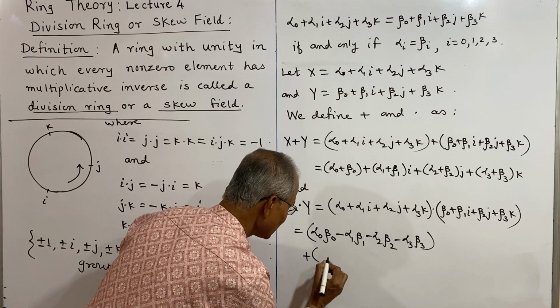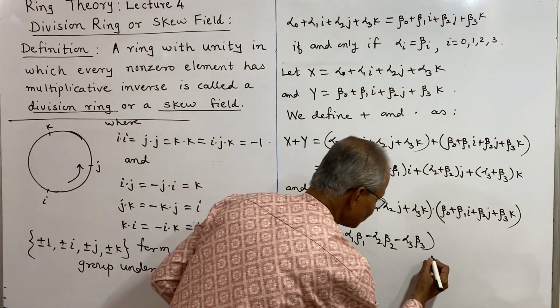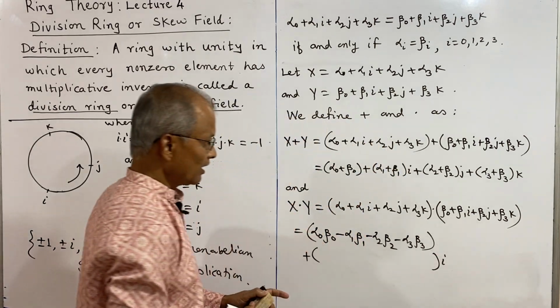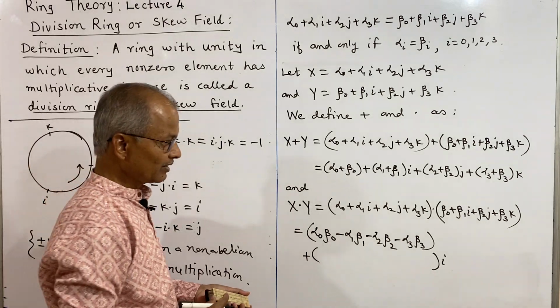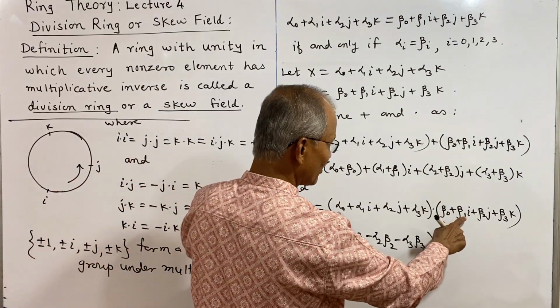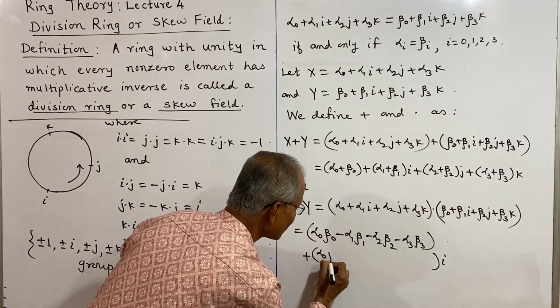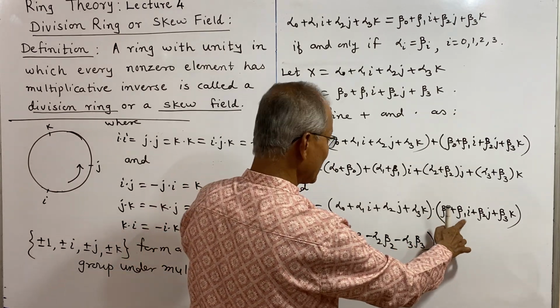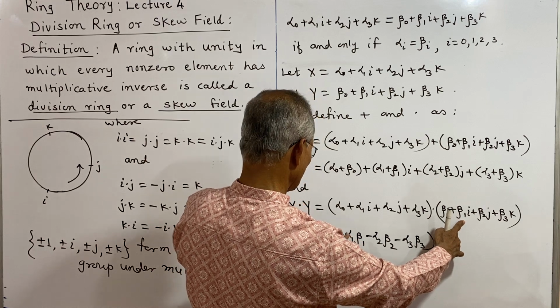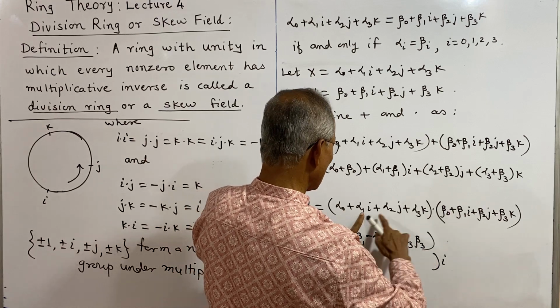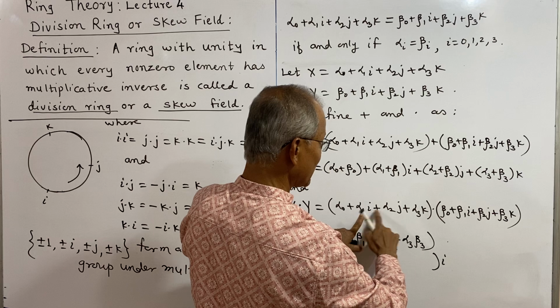Plus now we can consider the component of I. See, the component of I can be considered like this: alpha naught beta 1 into I. So I collect here the component alpha naught beta 1, and then I into alpha naught, that is alpha 1 beta naught.